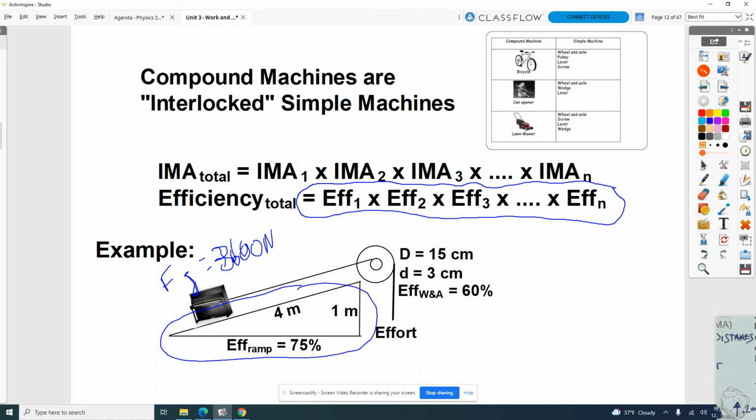It's a 4-to-1 ratio, so we would say that the IMA for the simple machine ramp is just a ratio of 4-to-1, which would be 4. And so we would get ideally a 4 times multiplication of that amount of force. Now we see the wheel and axle that I'm using here has an IMA of 5.